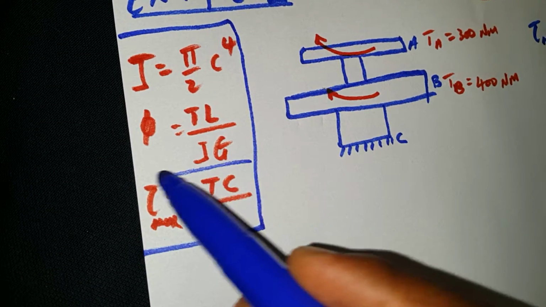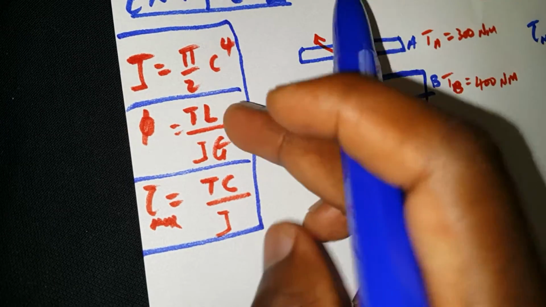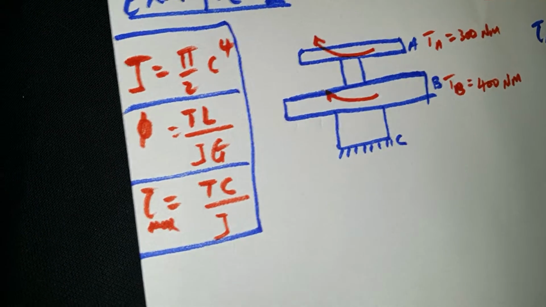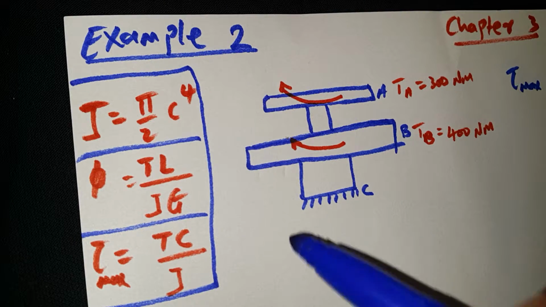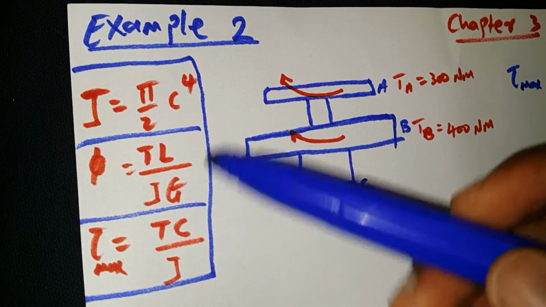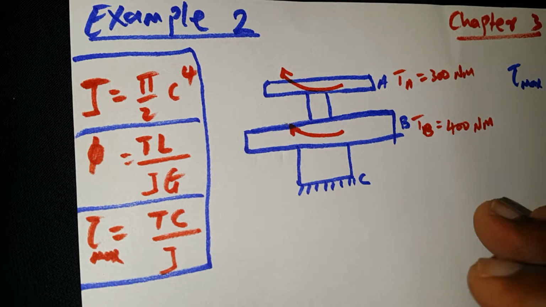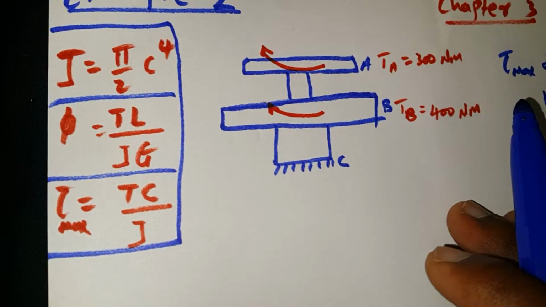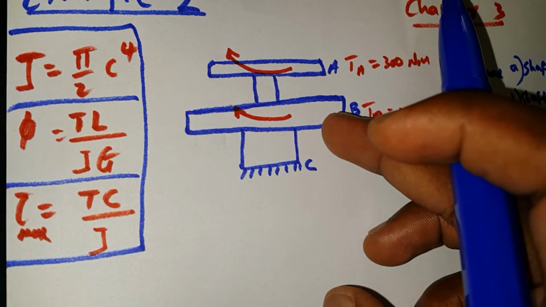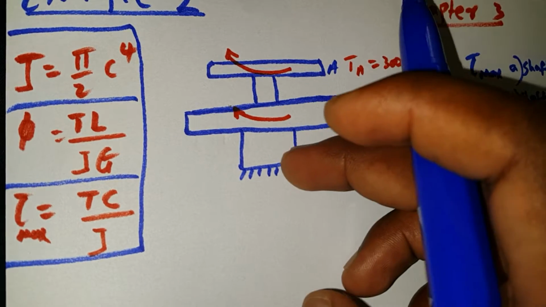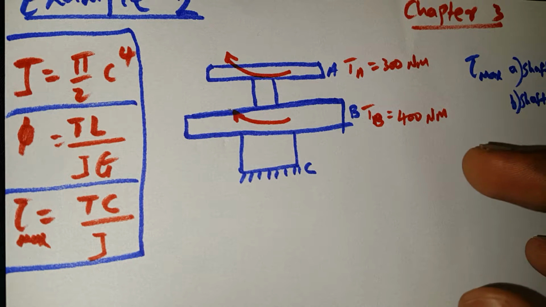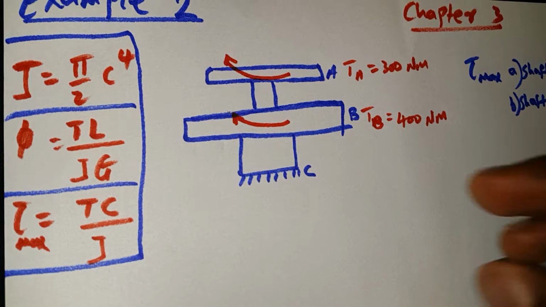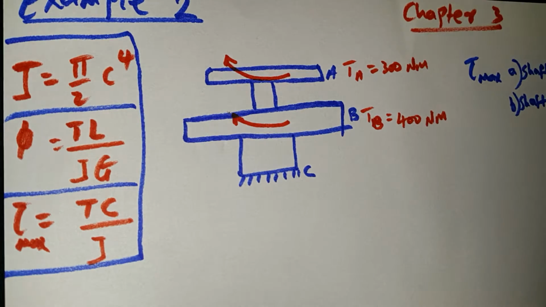These are the equations we derived in the introduction part of this chapter 3 on torsion. Mainly we are going to use these 3 equations, as I said earlier in the first video. Here in the second video, we are given a combination of 4 members making one body.